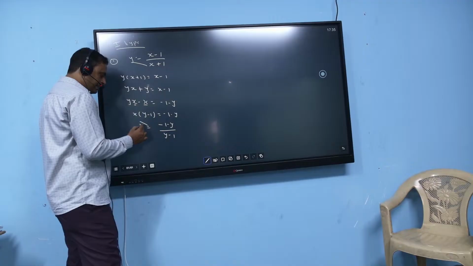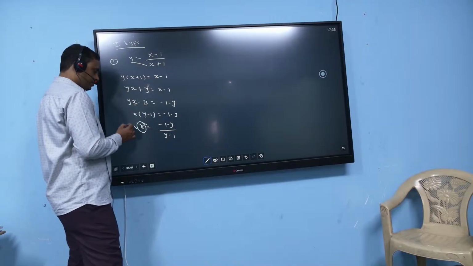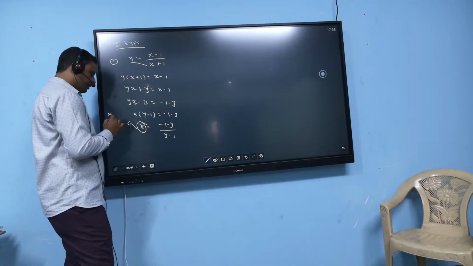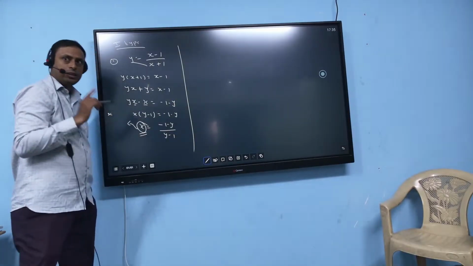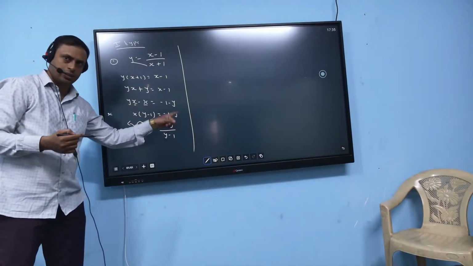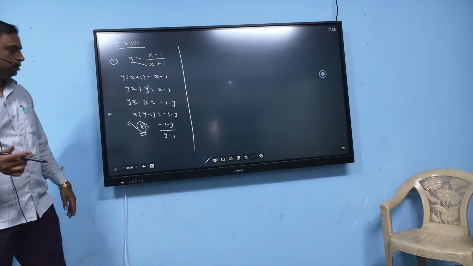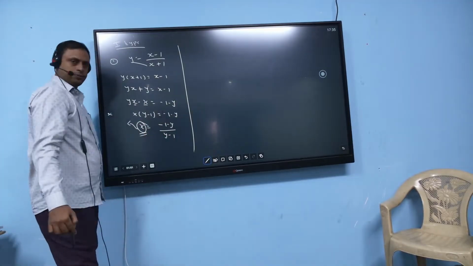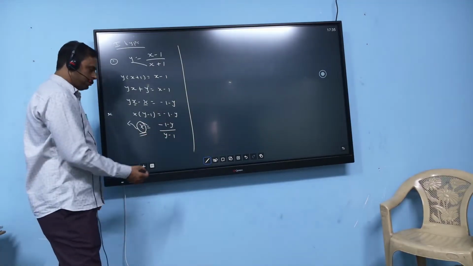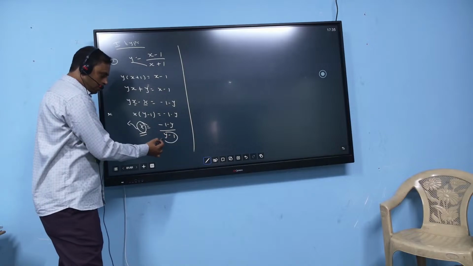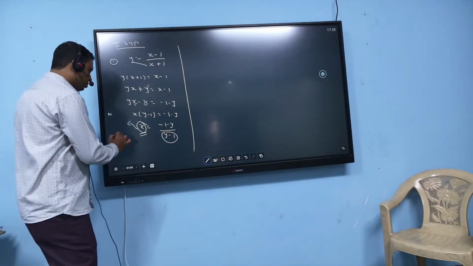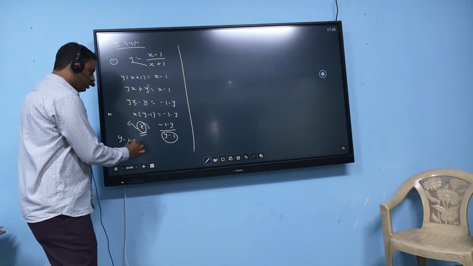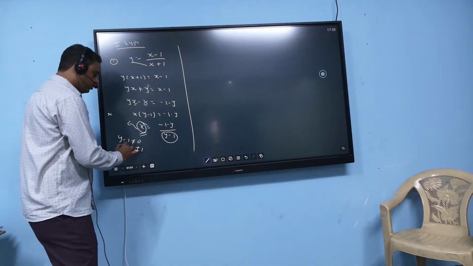When is x defined? X should be defined. The value of x should not come out undefined. When does it become undefined? Like in the domain: y minus 1 should not be equal to 0, so y should not be equal to 1.